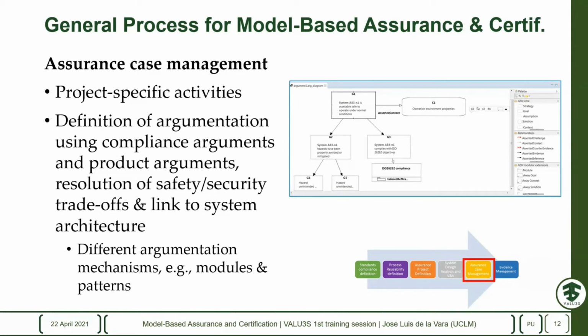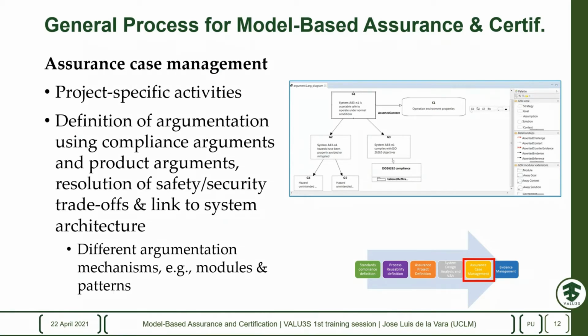In many projects, in many domains, you also need to create structured representations that justify why a system or component is dependable, how it complies with the applicable standards, and so on. So this is done with assurance cases.